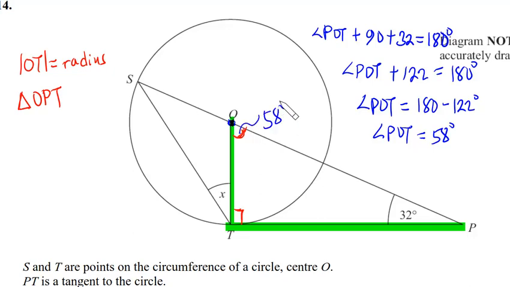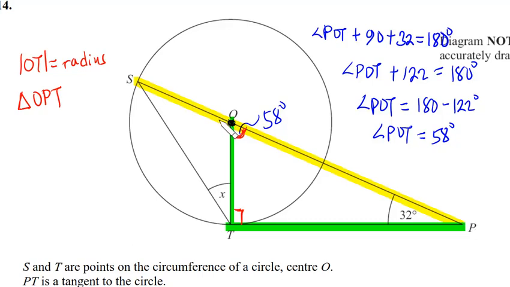Remember that we are told that SOP is a straight line. And don't forget the theorem that the sum of angles on a straight line is 180 degrees.